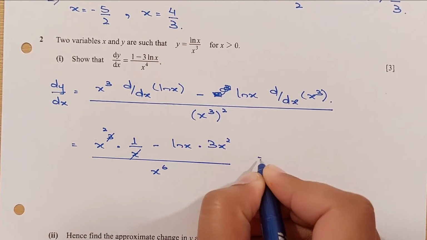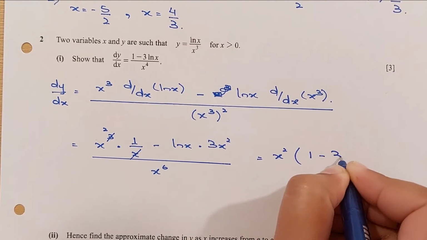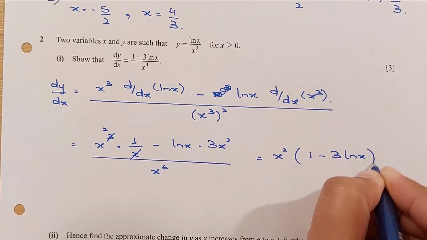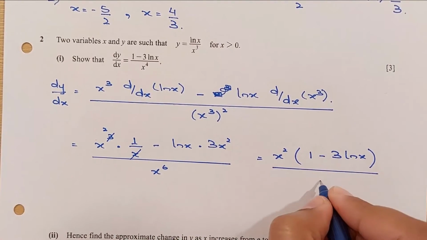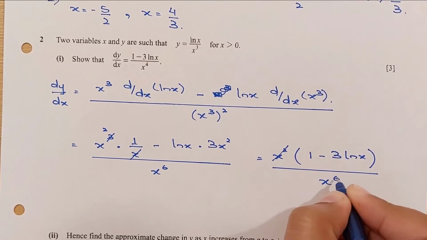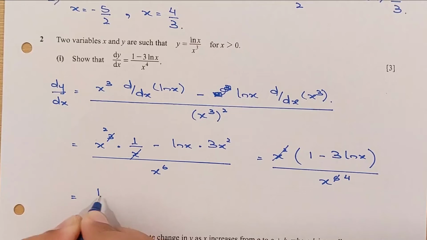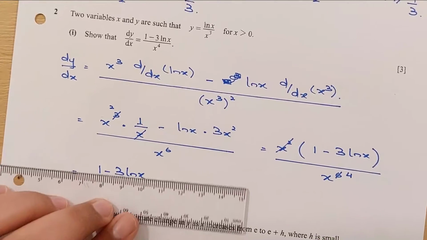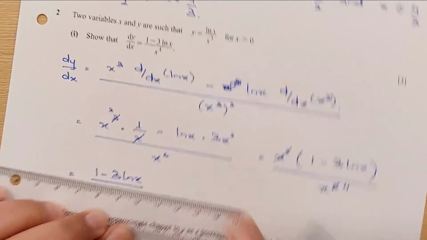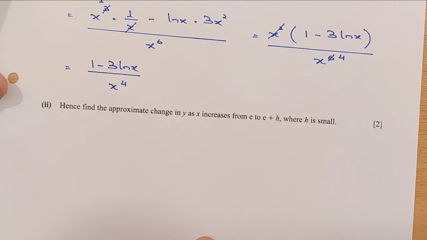We can take x squared common from the numerator, and we have 1 minus 3 ln x divided by x exponent 6. We can cancel x squared with x squared, leaving power 4. So we have dy by dx is 1 minus 3 ln x divided by x exponent 4. So we have the exact same thing.